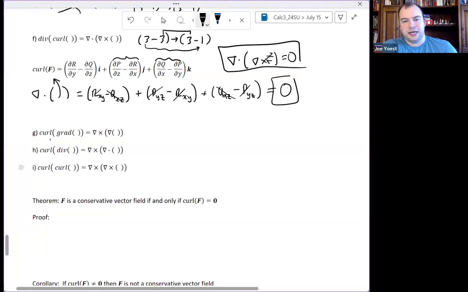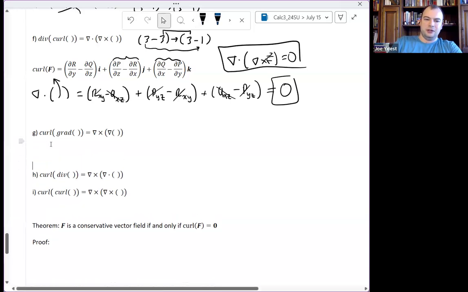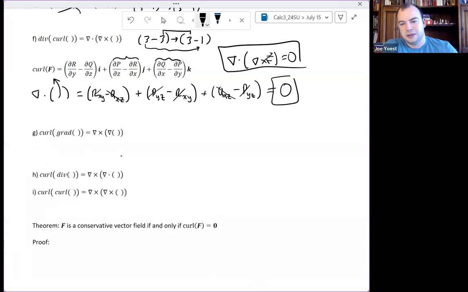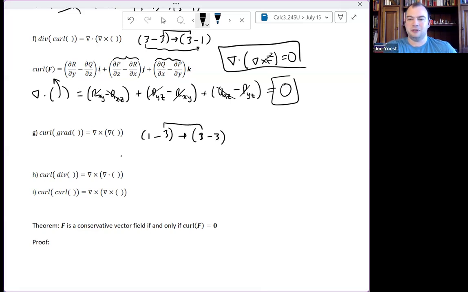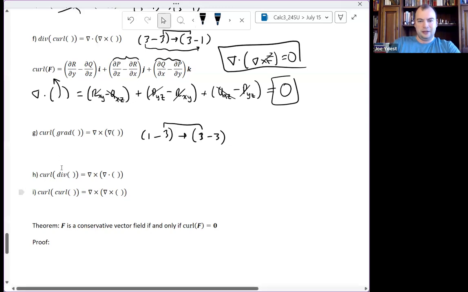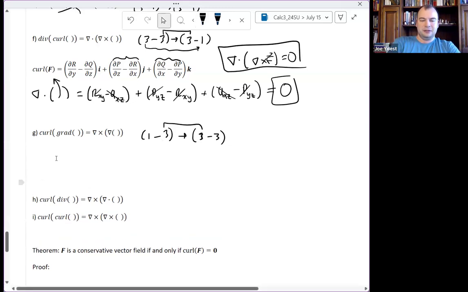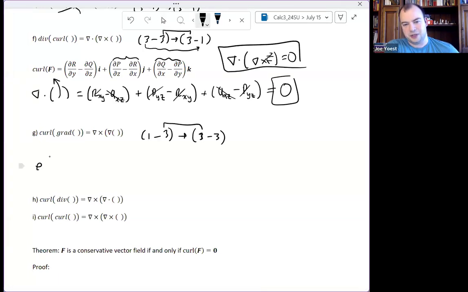Okay, so what else do we have? Well, can we take the curl of the gradient? The gradient takes a scalar function in, gives a vector field out. Can I plug that into the curl, which wants to take as input a vector field and give as output a vector field? Yeah, sure, I can. For this one, I'm going to leave this as an exercise because we're running short on time.